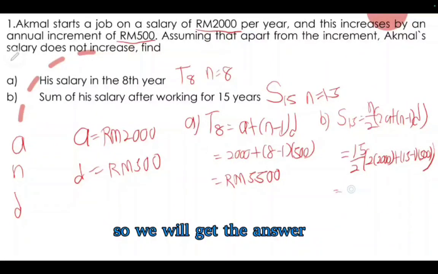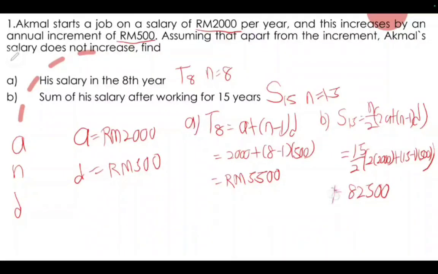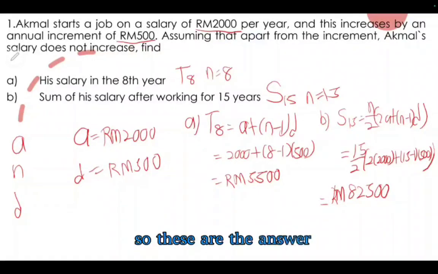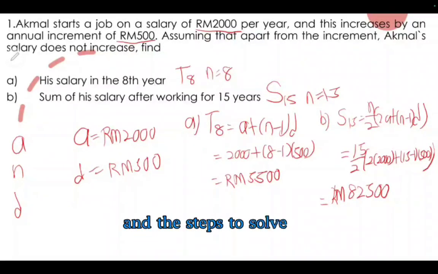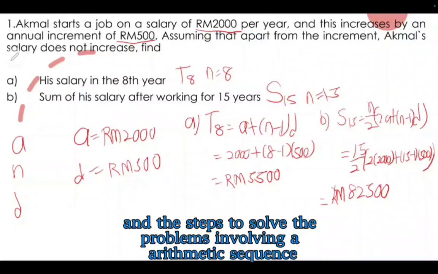So we will get the answer of 82,500. So these are the answers and the steps to solve the problems involving arithmetic sequence.